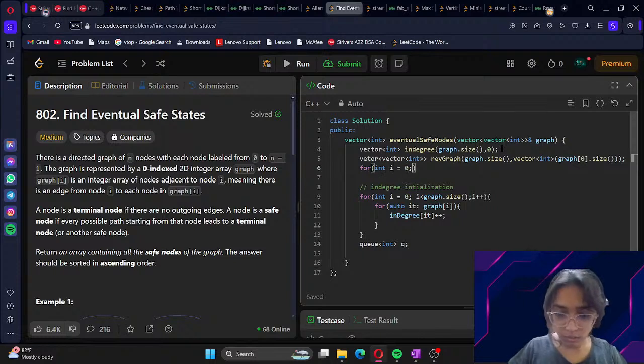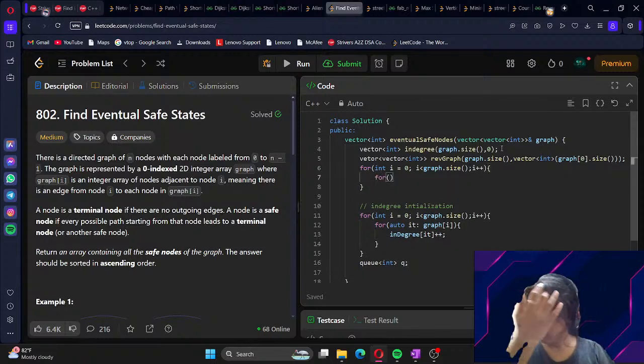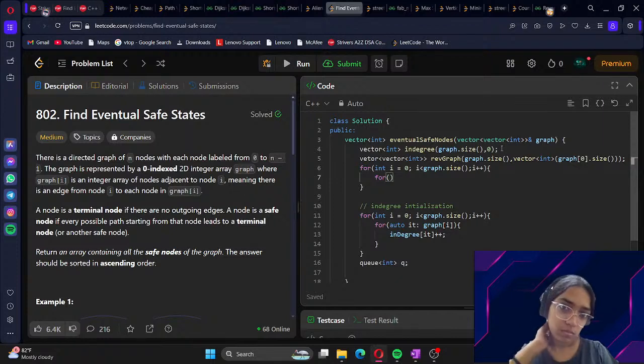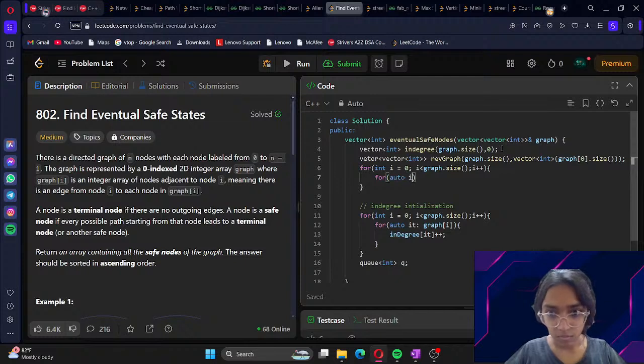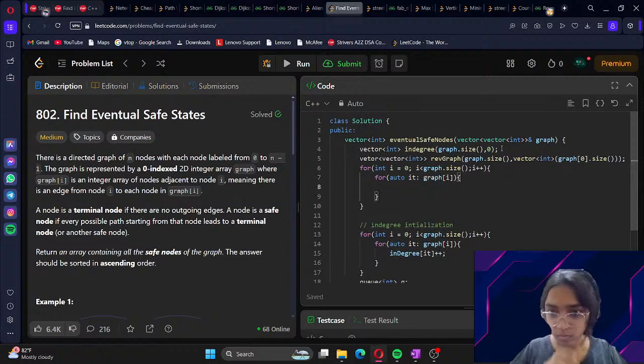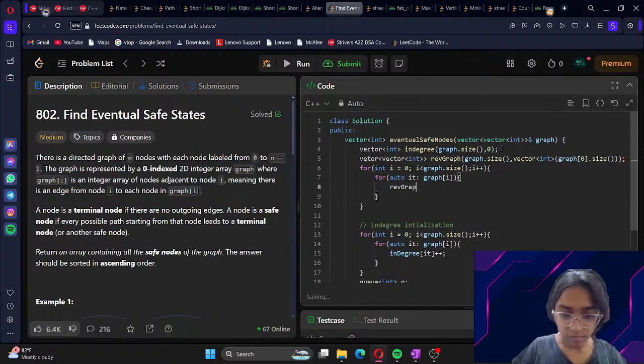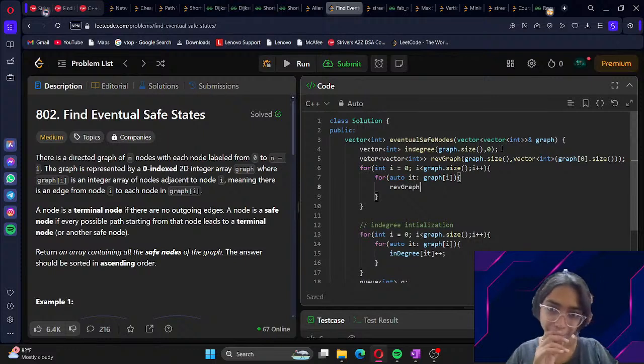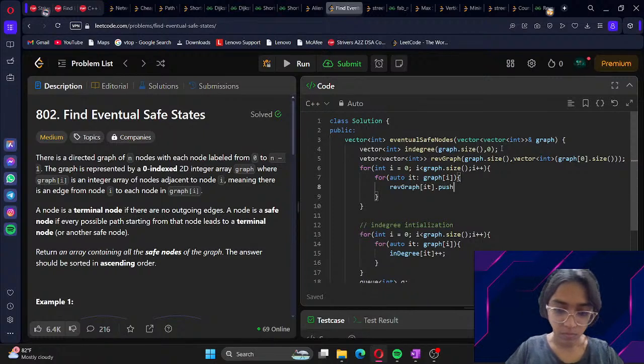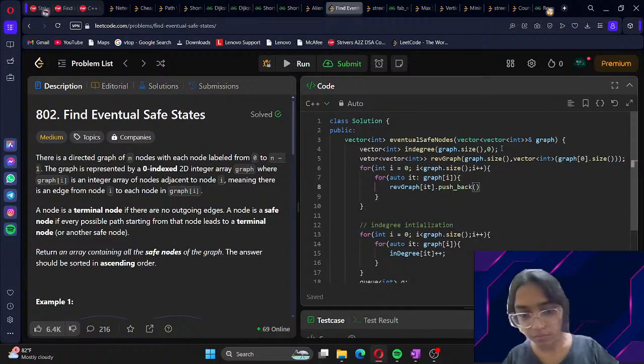When i is equal to 0, i is less than graph dot size, i plus plus, push back i.